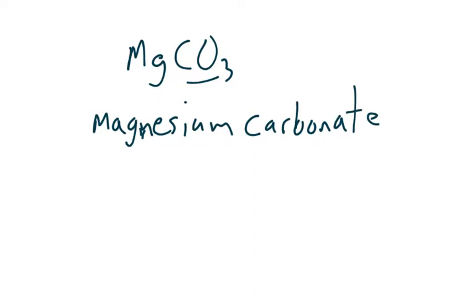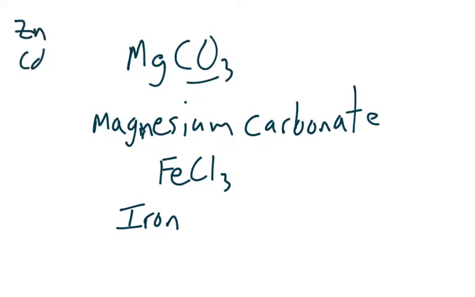Now, sometimes you might have to put a Roman numeral. I'm going to give you an example. So let's say you had FeCl3. Iron is a transition metal, which means unless it's zinc, cadmium, and silver, transition metals will require a Roman numeral. Now, how do you figure it out when you're going backwards? Very simple. I want you to uncrisscross this.